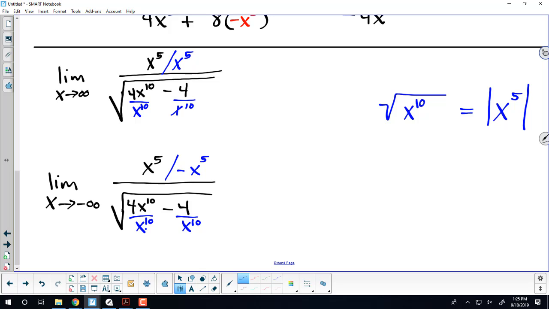If it's x to the 6th, it's an even number, we don't have to worry about that. Like if it comes out as the square root of x to the 12th, and you say it's x to the 6th, then that's fine, because x to the 6th is always positive. When you plug a positive or negative number in for x to the 6th power, it's always positive. But if I plug a positive or negative number in and raise it to the 5th power, it's positive or negative, depending.